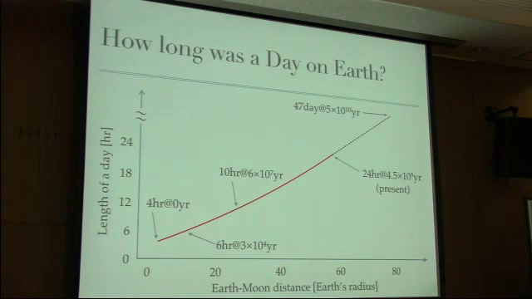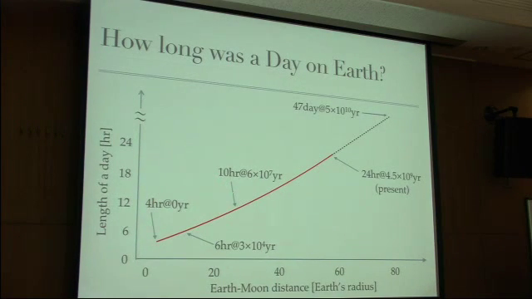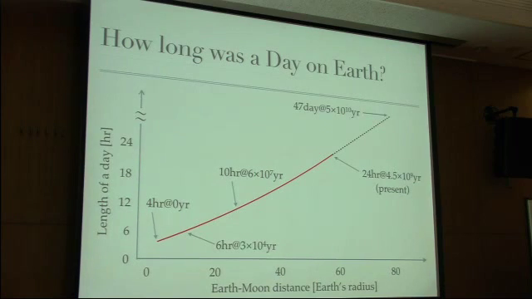Then, surprisingly, the length of a day at the beginning is just 4 hours. Then after 30,000 years, the length of a day became longer, 6 hours. Then after 60 million years, it became longer, 10 hours.